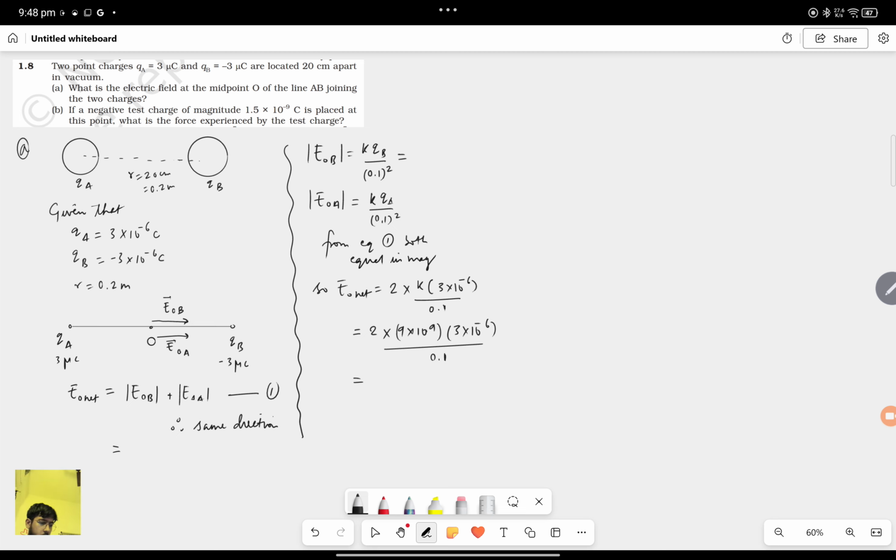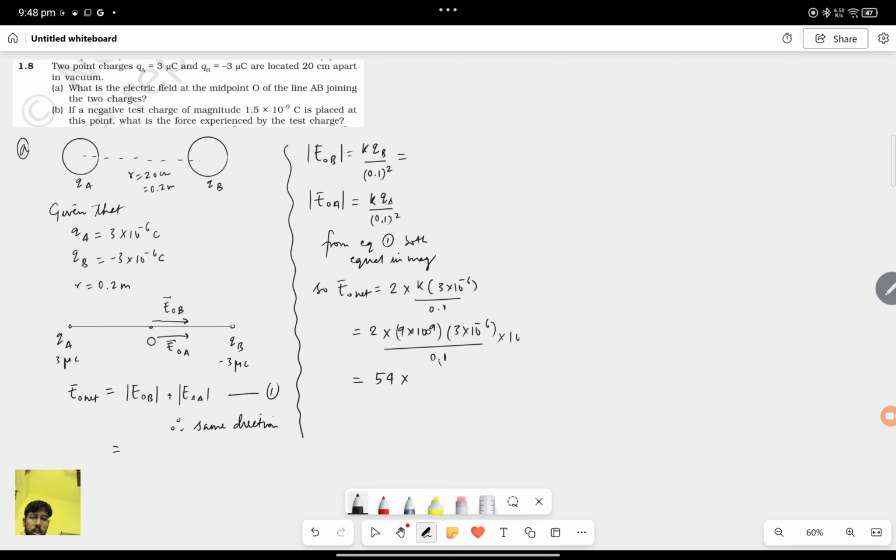After solving this, the 10 will go up in the numerator, and then 9 3 27, 27 2 is 54. So this is going to be 54 into 10 to the power 9, 10 to the power minus 6, and 10 to the power 1, so it is going to be 10 to the power 10.